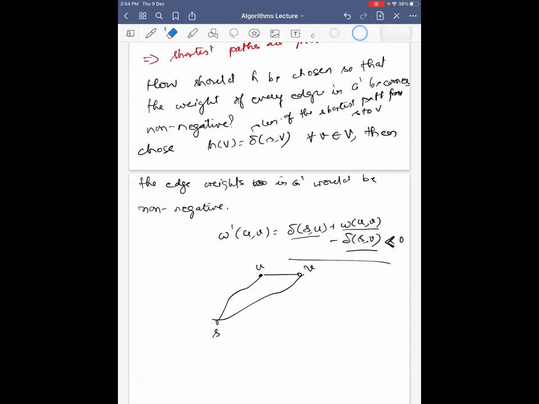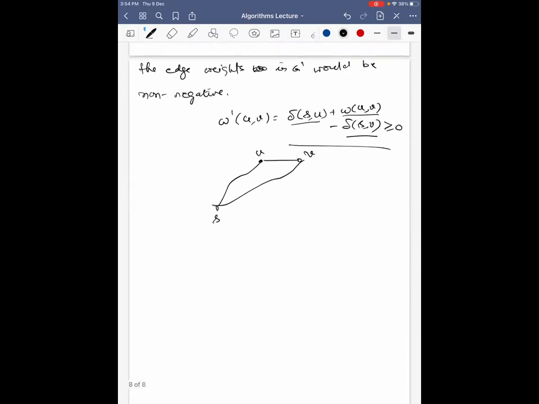So that means with this choice of H, I have ensured that all of my edge weights are non-negative now. Right? Yes, sir. So now you simply run Dijkstra from each vertex.